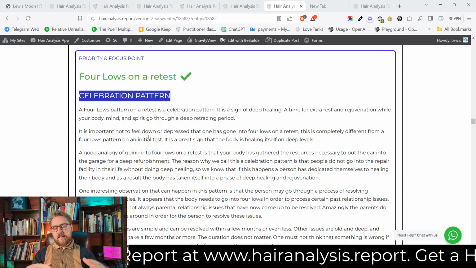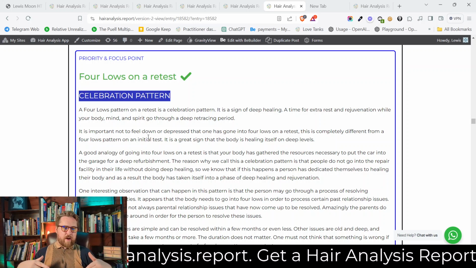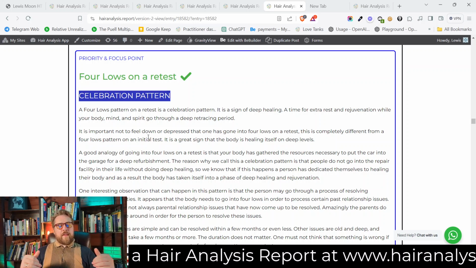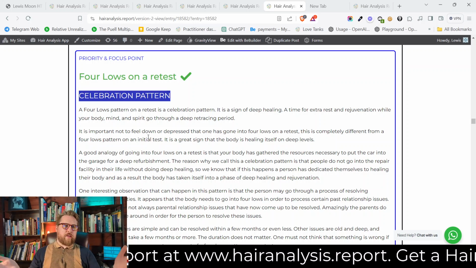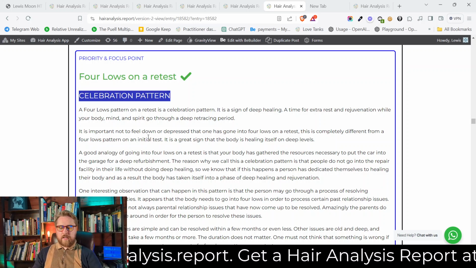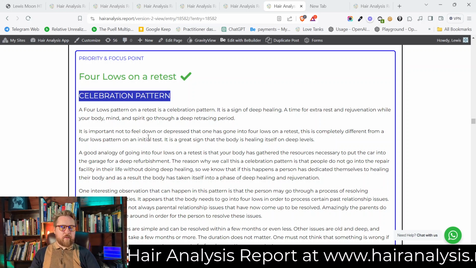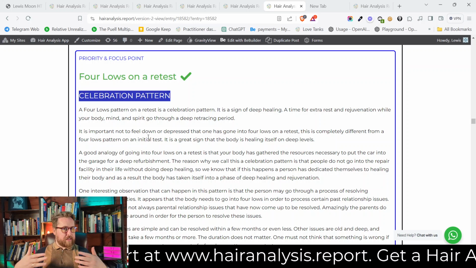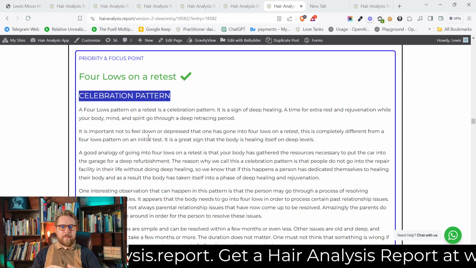The reason is that the body is often quite stressed, quite worn out, and one of the things it usually does while it's doing the mineral balancing program, while it's healing, is go into a follows pattern, usually a retracement pattern. Usually the person's been in it in the past, but it'll go into a follows pattern for deep healing and rejuvenation. Now, Dr. Wilson says that this doesn't actually happen unless an individual is on a mineral balancing program.